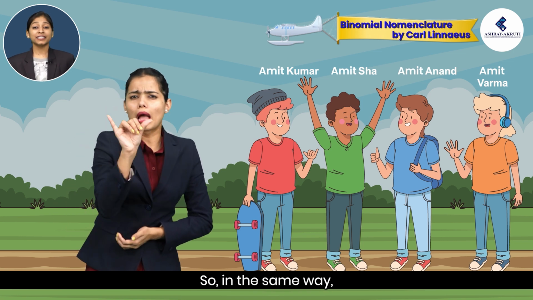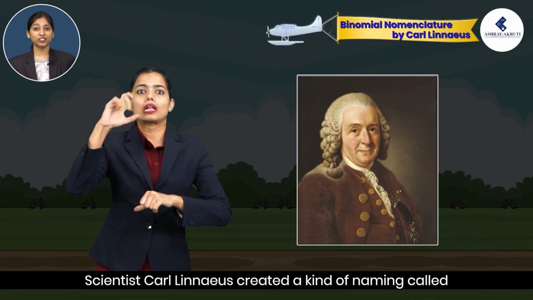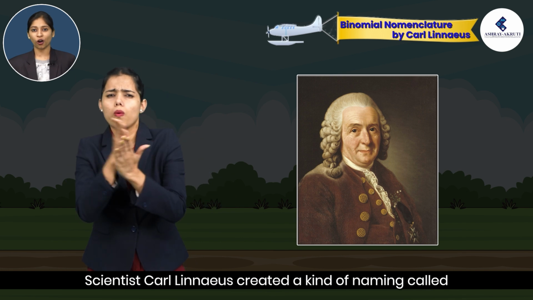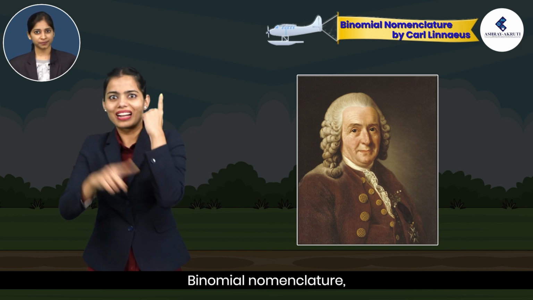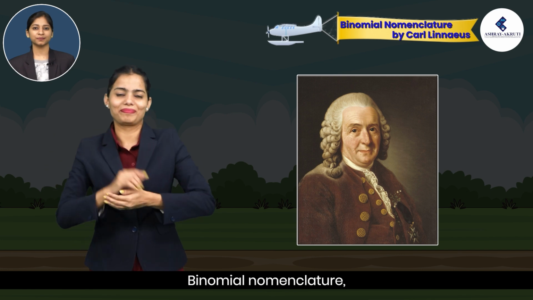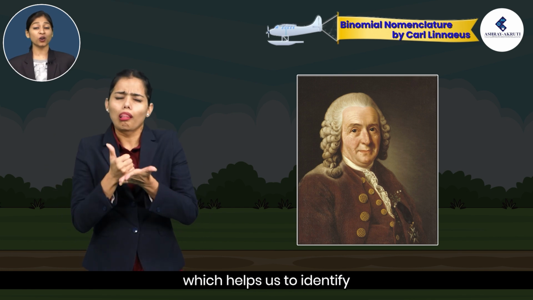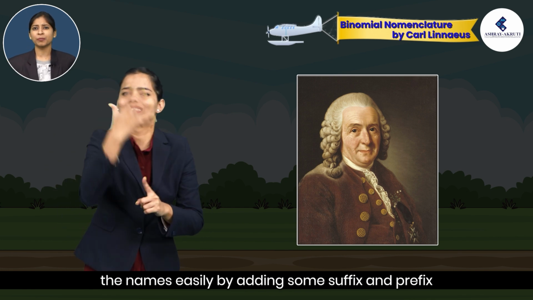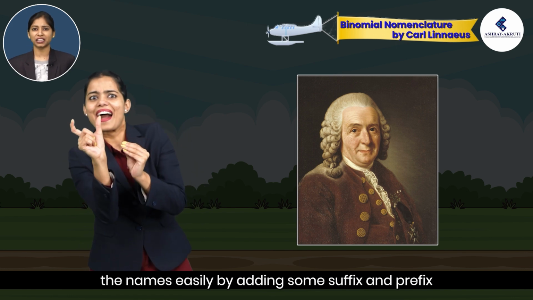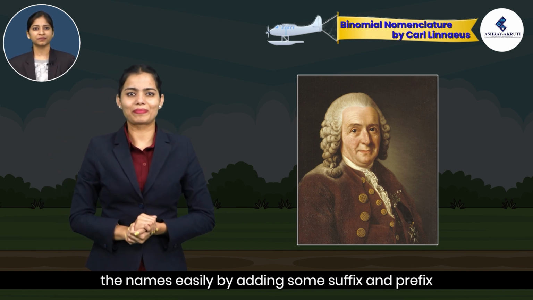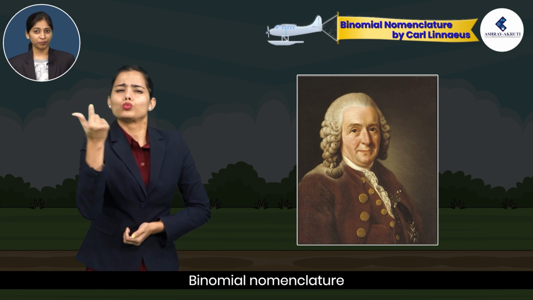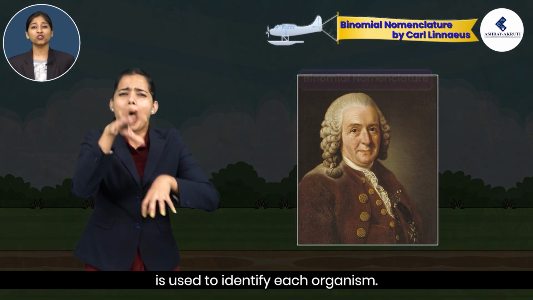So, in the same way, scientist Carl Linnaeus created a kind of naming called binomial nomenclature, which helps us to identify the names easily by adding some suffix and prefix. Binomial nomenclature is used to identify each organism.